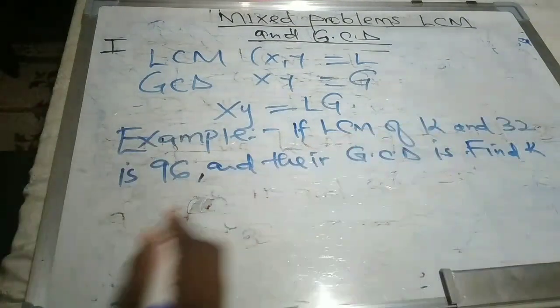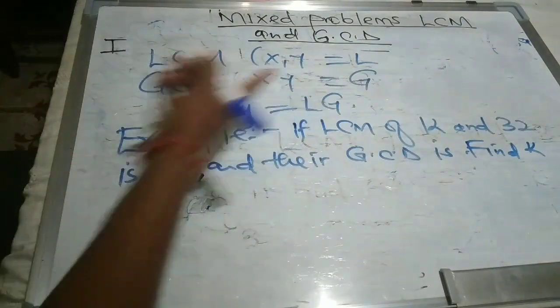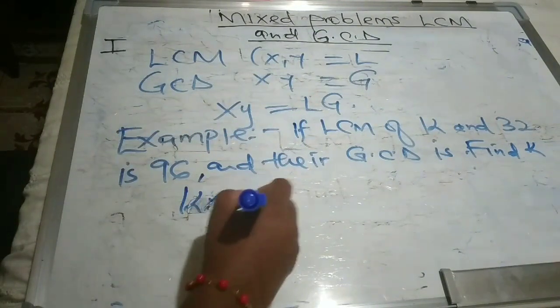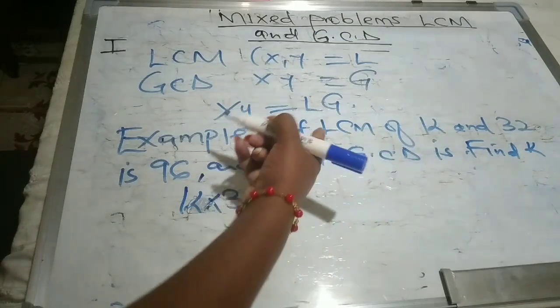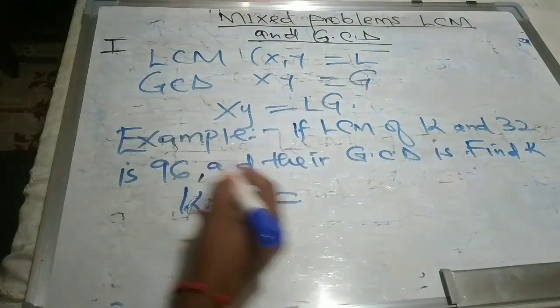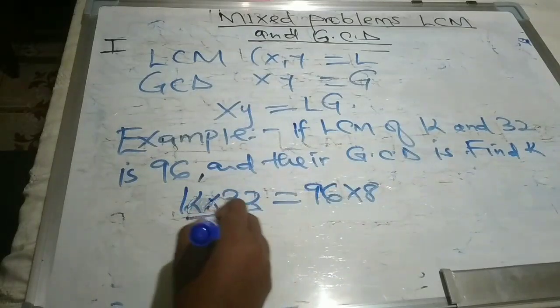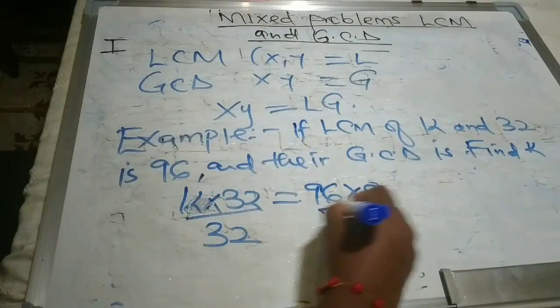So what you do in this case, you just replace the values here. The two numbers, k times 32, should be equal to the LCM times the GCD. So 96 times 8. Divide by 32, divide by 32.